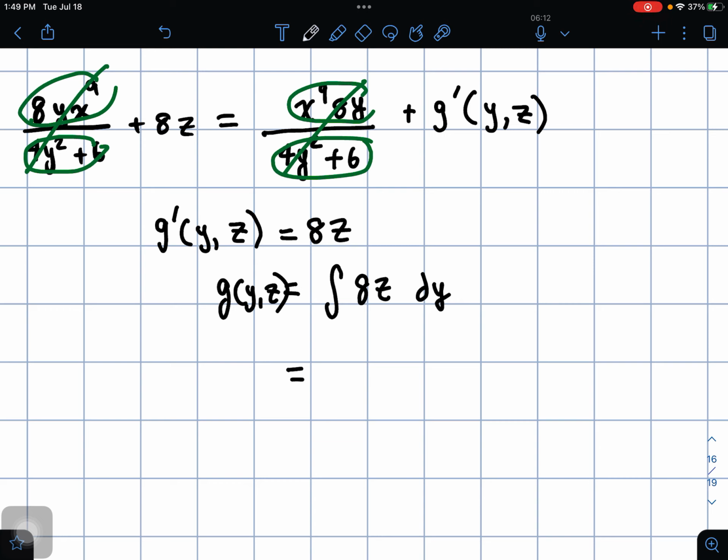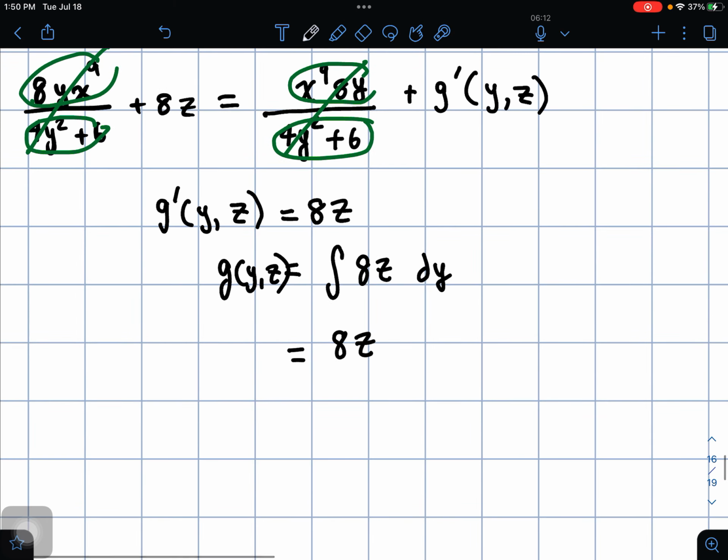So because this is just a constant, you can just add an 8z. I think I know where I made a mistake. Okay, earlier I got stuck at this point, but I think I know now. Okay, so yeah, it's 8z y, right?